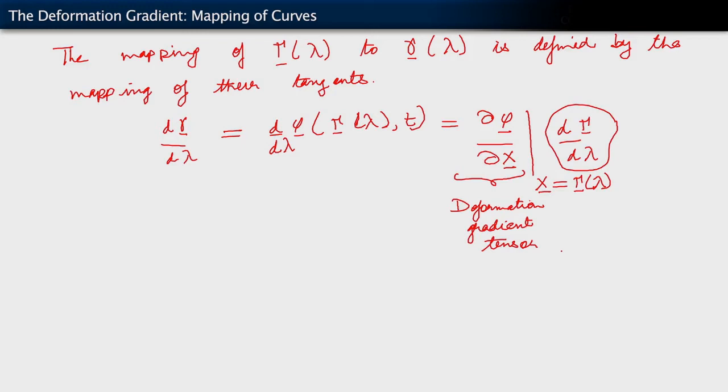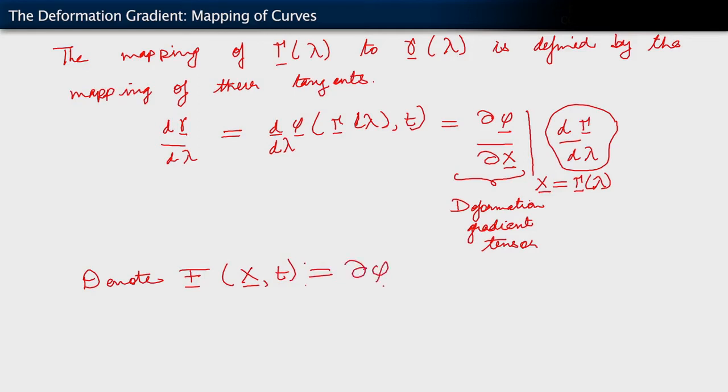Okay, so let me just put down a little more notation to do with the deformation gradient. So we will often denote, in fact most commonly we will denote F, the tensor parameterized by capital X and t, as being, this is a definition, right?